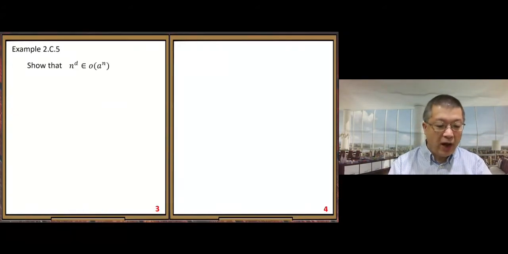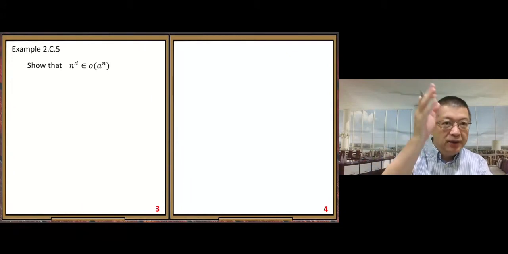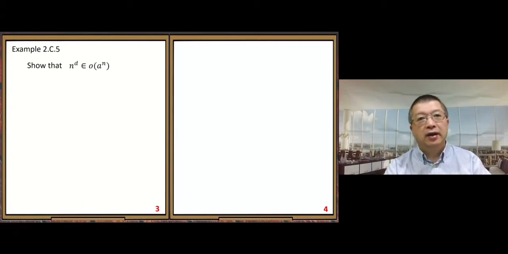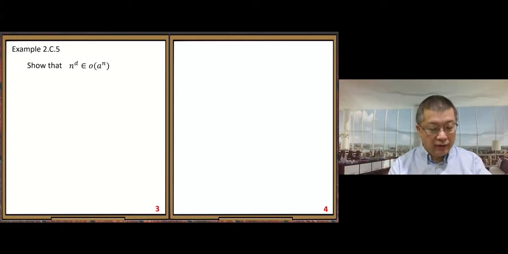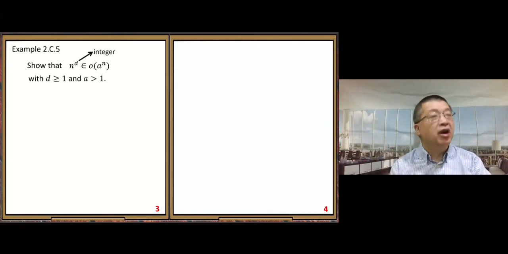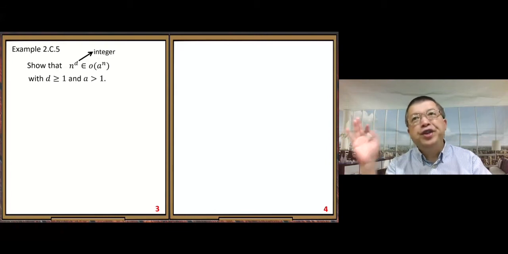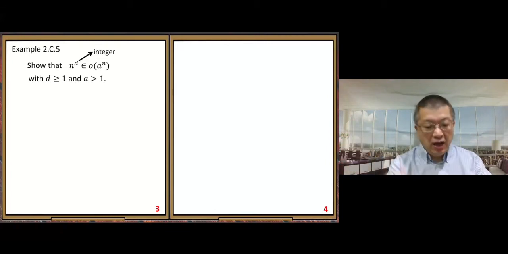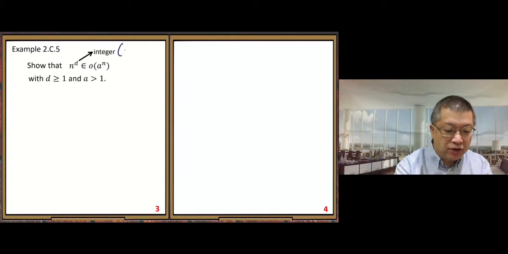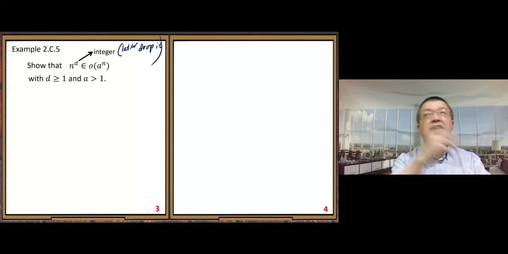Next one, number 5, n to the dth power. For this dth power, here we assume it is an integer for convenience. Later, we can drop this condition, because we don't need it.